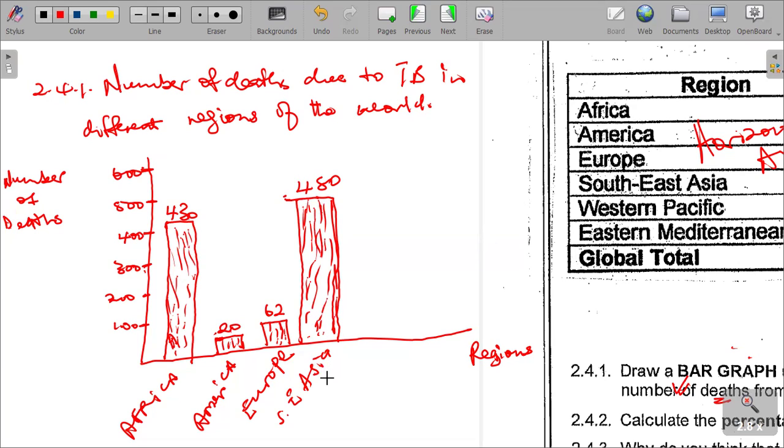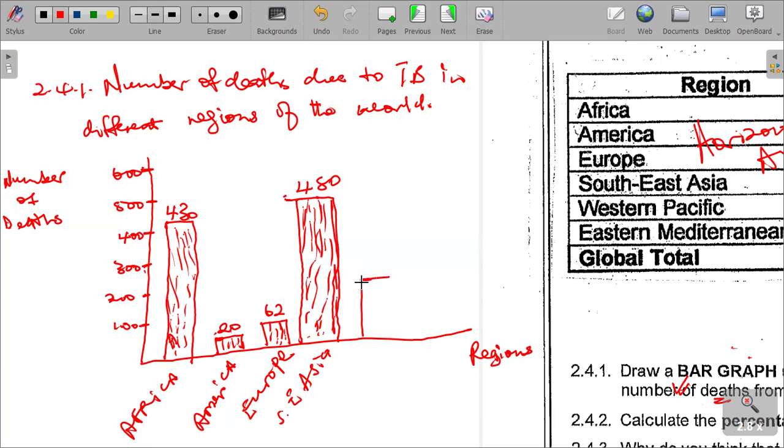And then I have got Western Pacific, which is 240, somewhere just above.